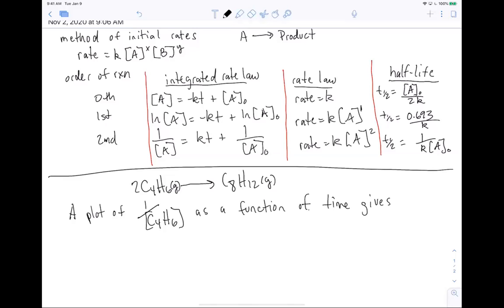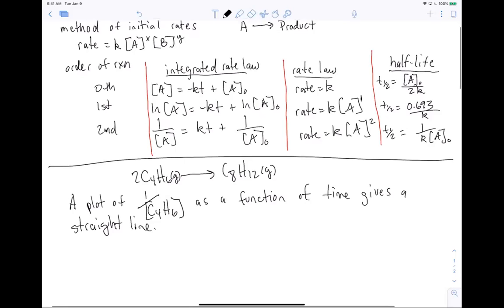gives a straight line. And so this tells us the order of the reaction. We'll talk about that. So we can ask questions then.